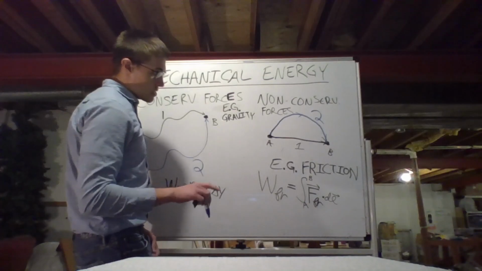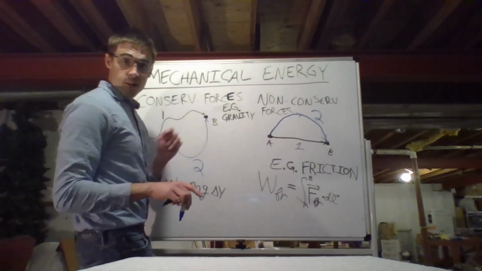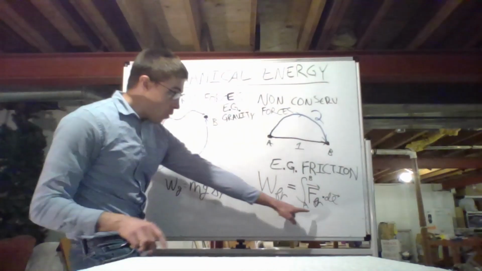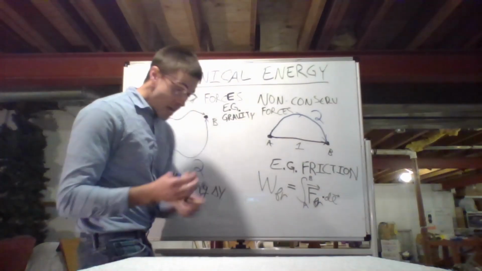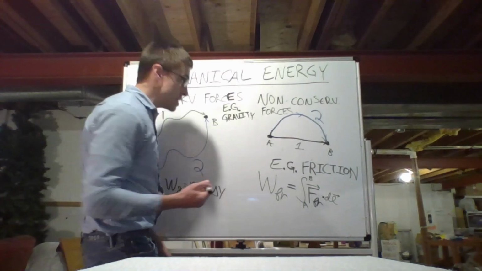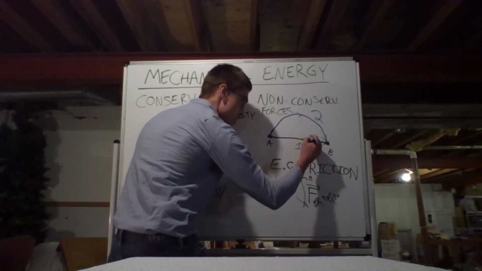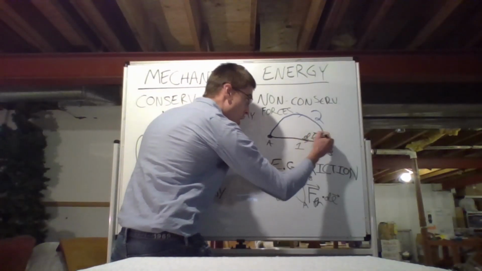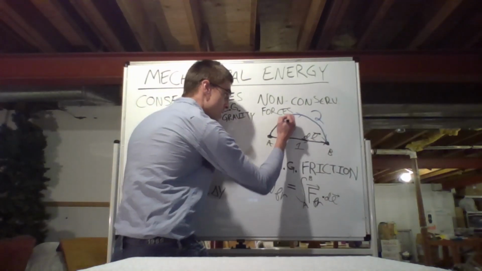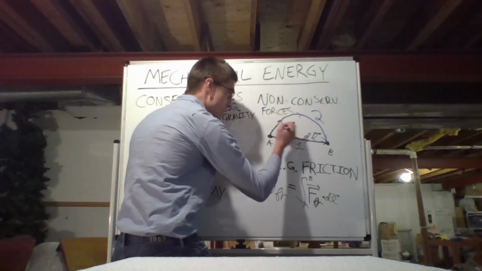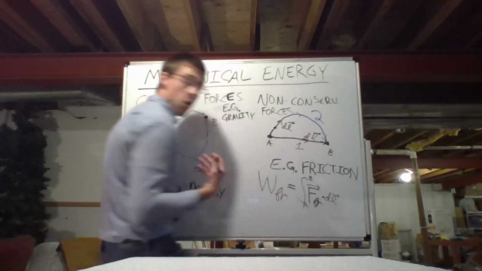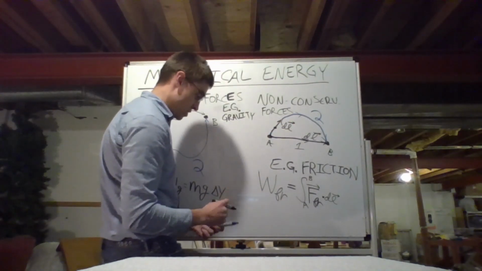Now notice, along both of these curves, friction is always opposing displacement. So for every little displacement element dl, whether it's along here or it's along here, dl and friction are always in opposite directions.